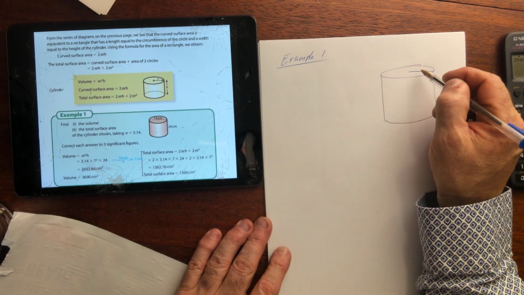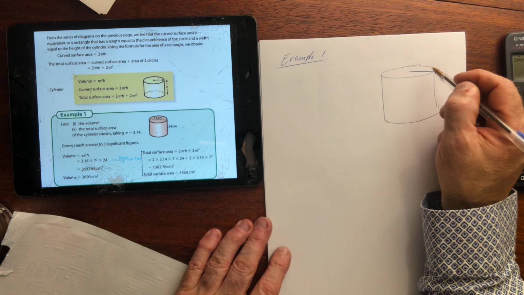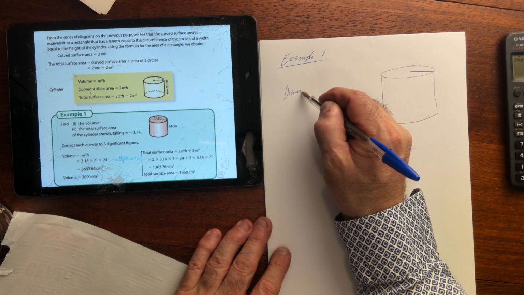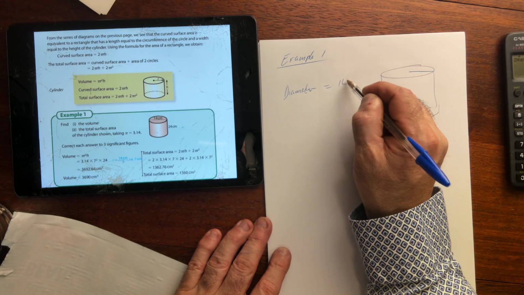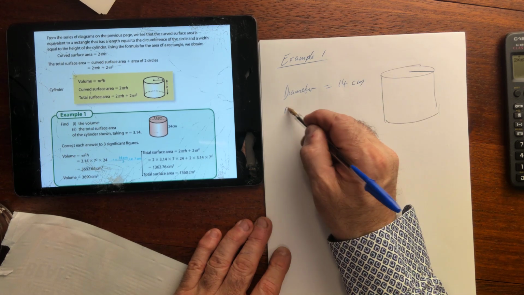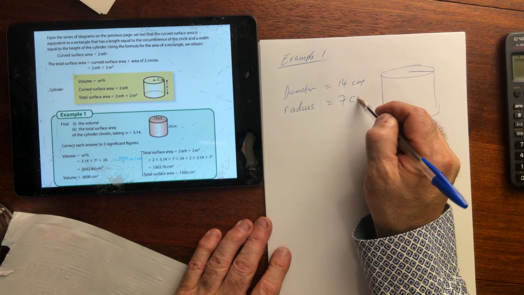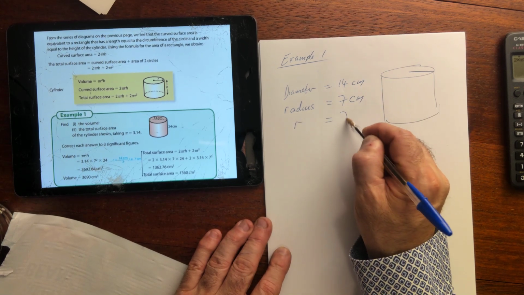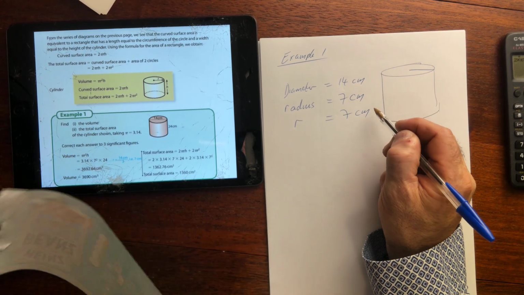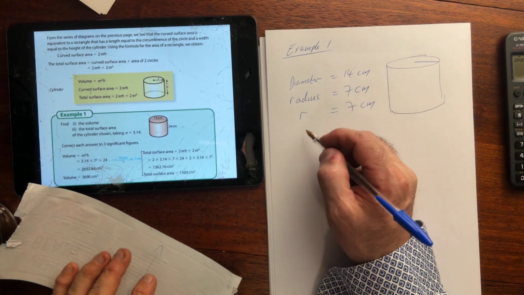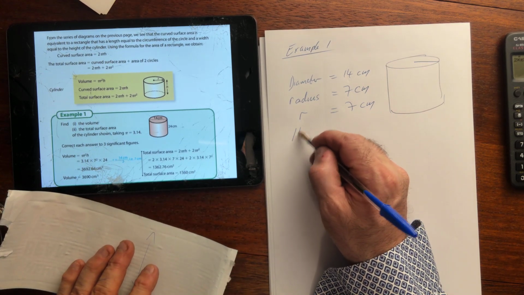I'm going to draw it out. The diameter equals 14 centimeters, so the radius equals 7 centimeters, and let's use the letter R for the radius. And the height is 24, we don't have to do anything with that. The height is 24.